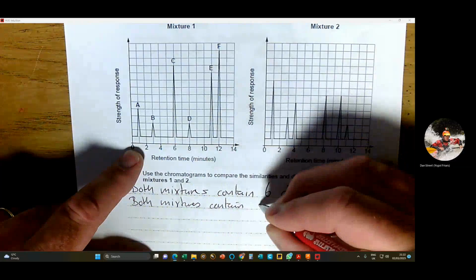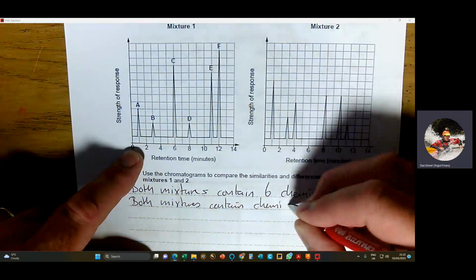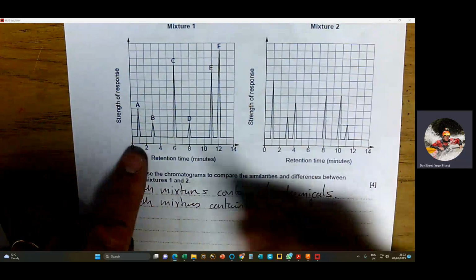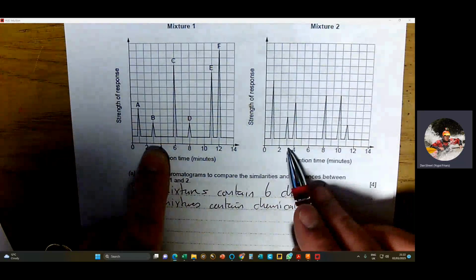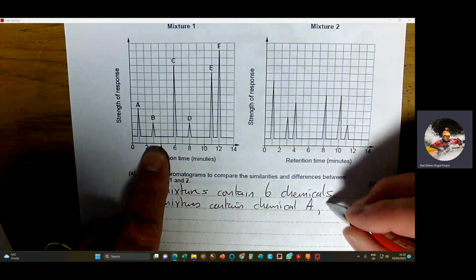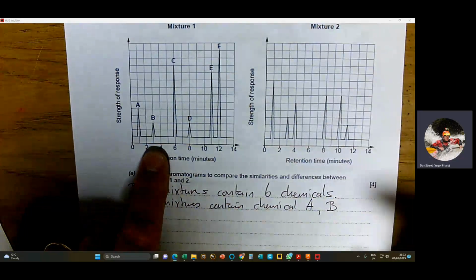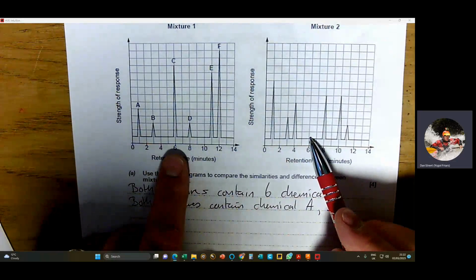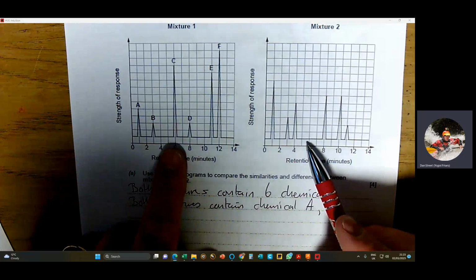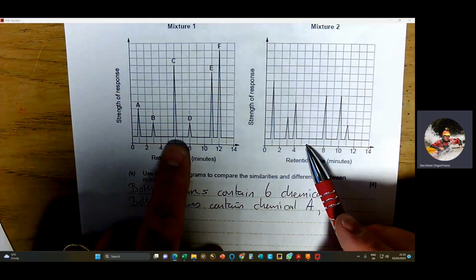So we could say that both mixtures contain chemical A, because the peaks appear at 1 second. There's a peak here at 3 seconds, and there's a peak here at 3 seconds as well. So we can say B. We've got a peak here at 6 seconds, but no peak there at 6 seconds. So this chemical here, C, is not present in mixture 2.